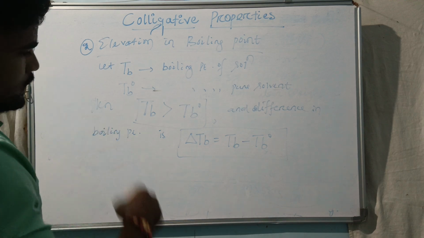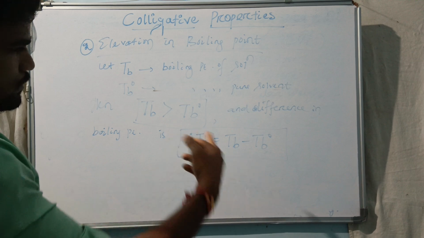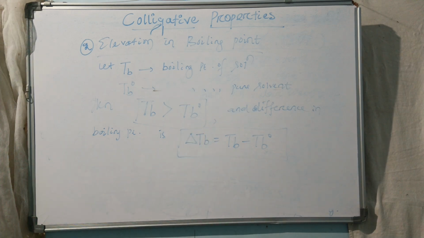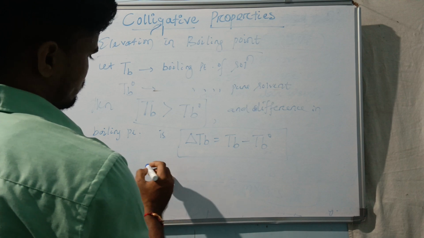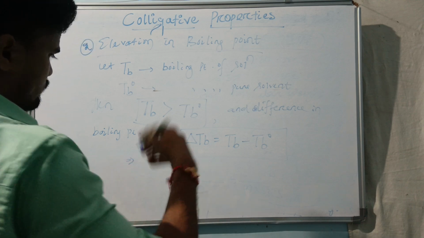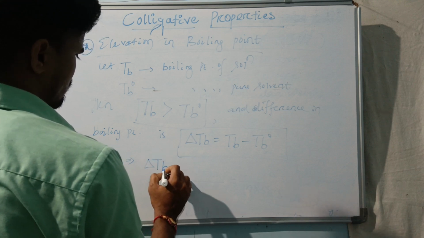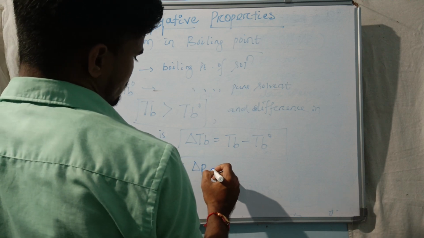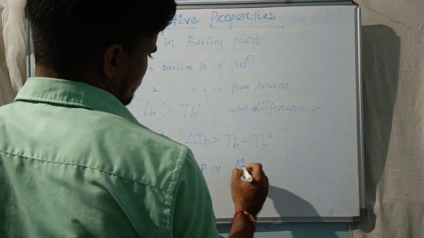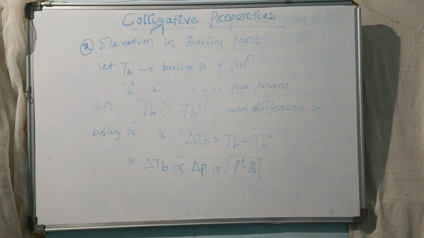And we know that the elevation in boiling point, delta TB, is directly proportional to the lowering of vapor pressure of the solution, right? So delta TB is directly proportional to delta P, where delta P is P node minus PS.